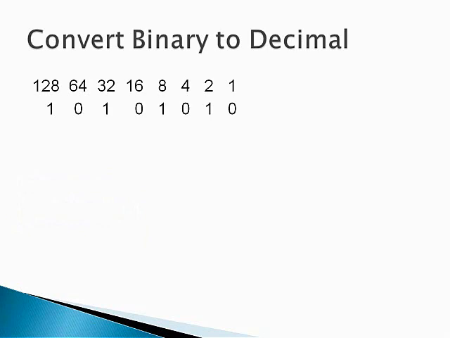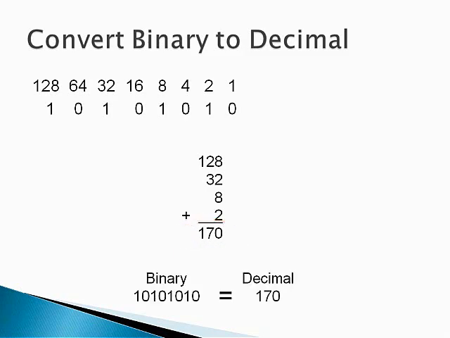Then all you have to do is add up where you have a 1 turned on, because a 1 is on, a 0 is off. So we add up 128 plus 32 plus 8 plus 2, and we get a grand total of 170. So the binary 10101010 equals 170, not 10, 10, 10, 10.